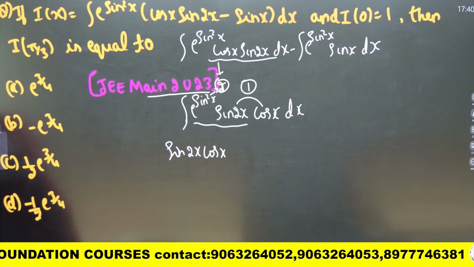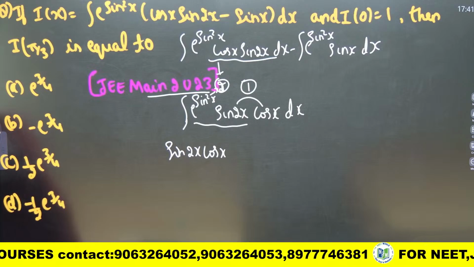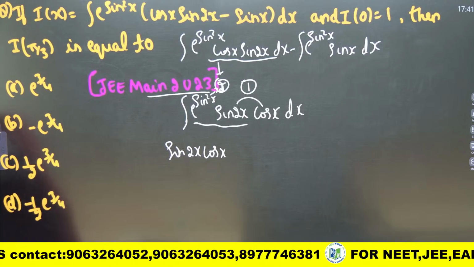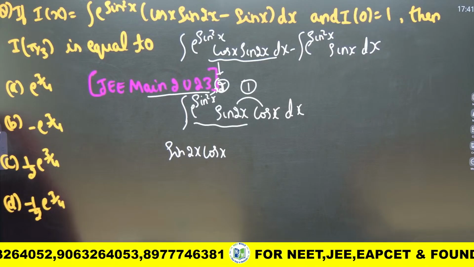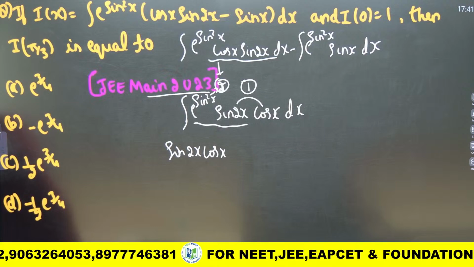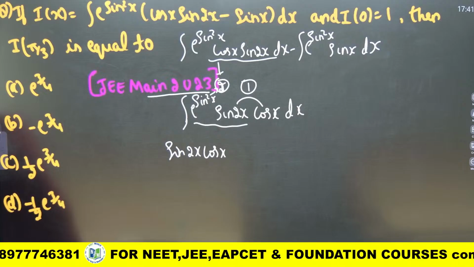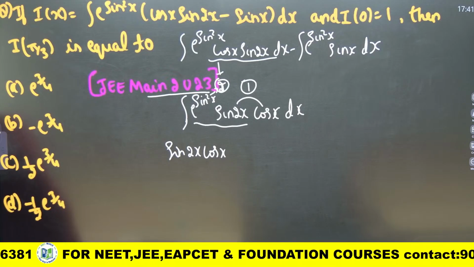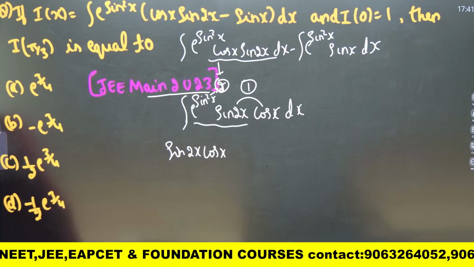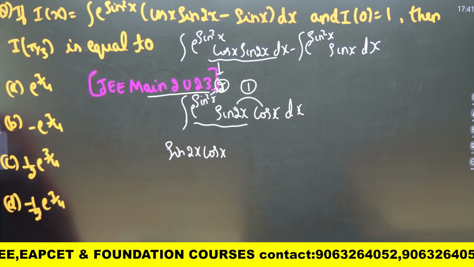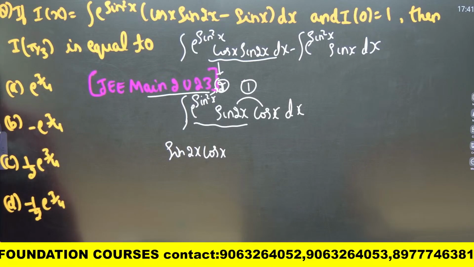The question is e power sin square x cos x, sin 2x minus sin x. I am thinking sin 2x should come after the minus or what? Okay, let us look at the question first.